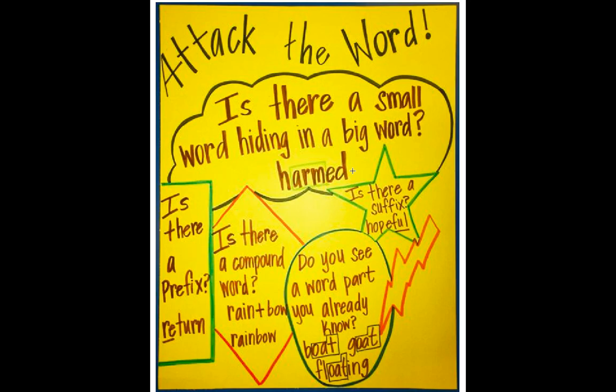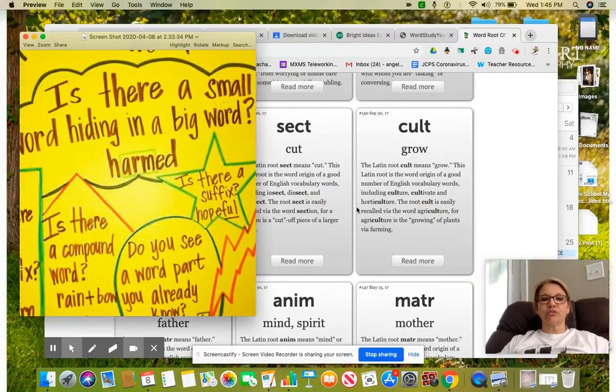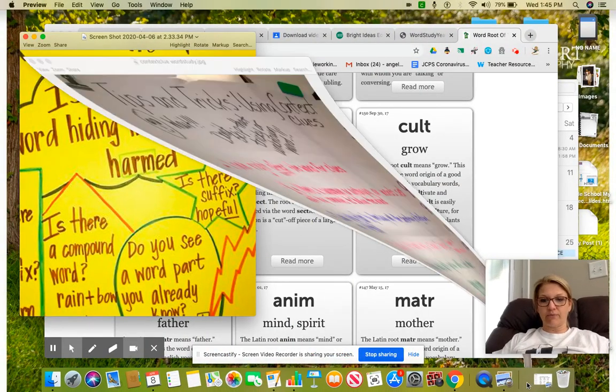And so then you start to ask yourself, well, possibly, is there a prefix at the beginning of this word, or is there a suffix at the ending of this word? What if it's two words put together? And so we call those, of course, compound words, right? Or are you seeing a smaller word within a really big word that you recognize? So those are just all questions that you want to ask yourself when you see a word that you're not familiar with.